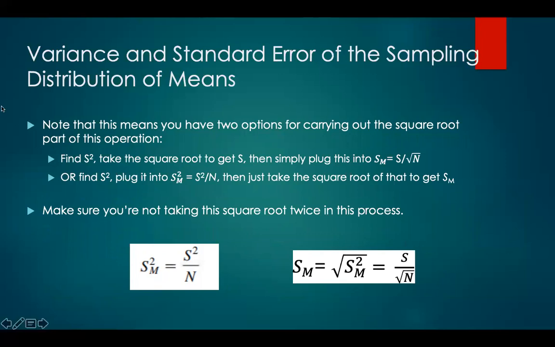You can find s squared, take the square root to get s, then simply plug it into this formula, or find s squared, plug it into this formula, and then take the square root of that to get the standard error of the mean, or the standard deviation of the sampling distribution of means. Just make sure you're not taking the square root twice in this process.